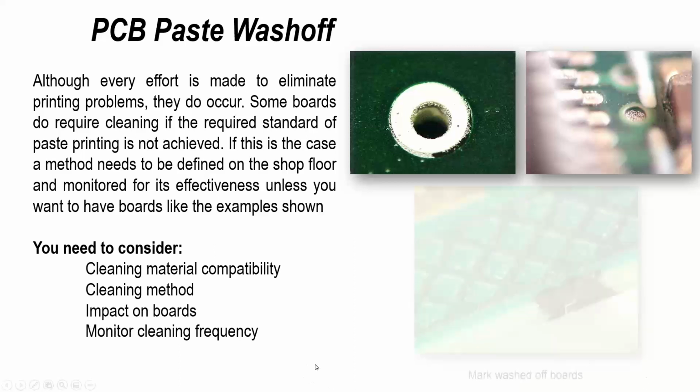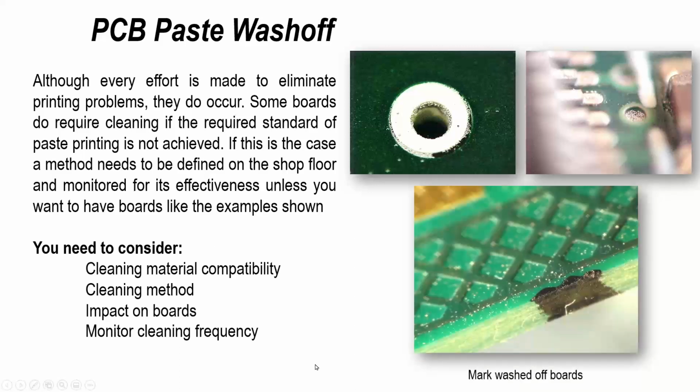I also recommend you mark boards. So if a board is a production board and it's been washed off, put a mark on the scrap area, on the breakout section, or just on the edge as I show here. And the reason for that is traceability. When you're through production and you're right at the end and you're having some process issues, you want to be able to analyze those defects possibly.